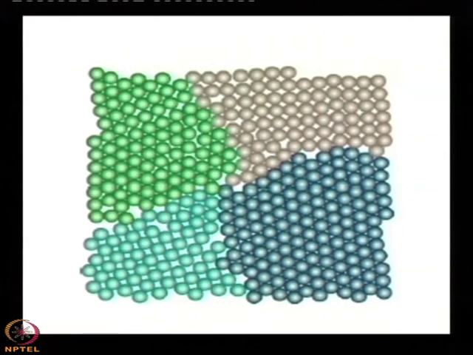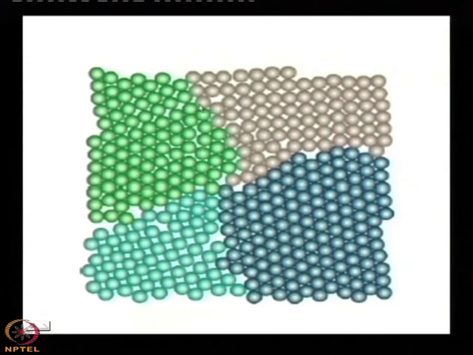In this grain boundary you will find that there are different grain sizes. That means this is a crystal having a particular orientation, this is another crystal having another orientation, this is the third crystal having another orientation, and when electrons move from this grain to that grain, say from gray to green, what will happen?